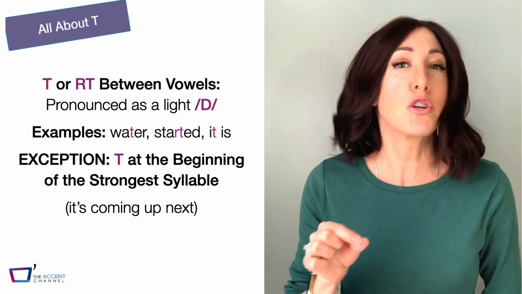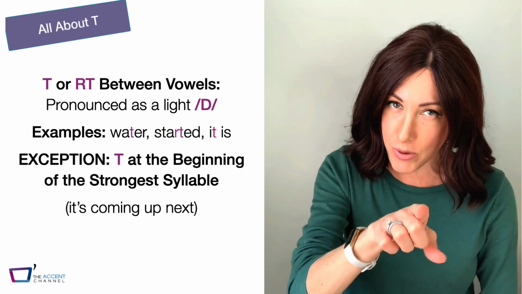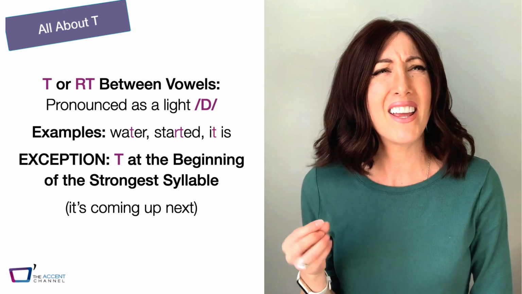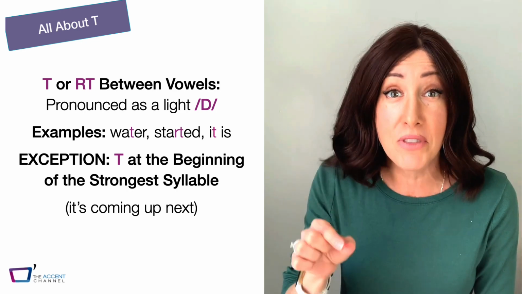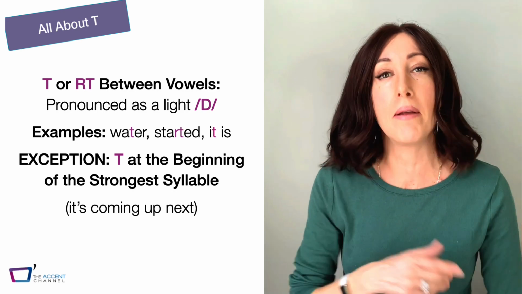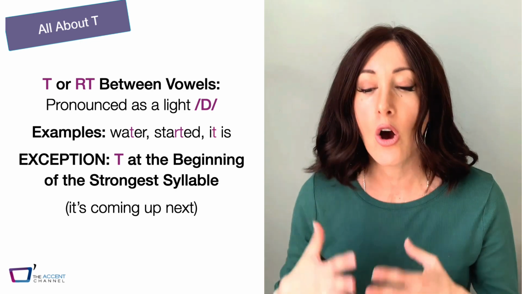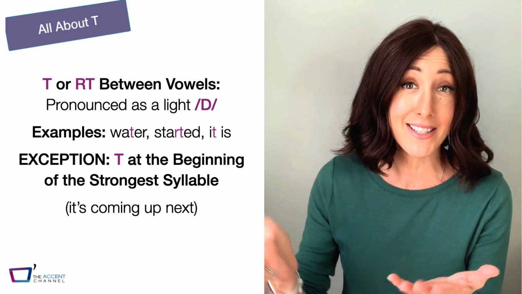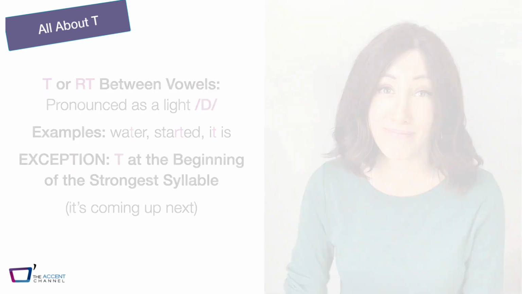If I pause, this rule doesn't apply. And you know it wouldn't apply because you would know that it would sound weird if I said, oh, it is. When we have a pause, something else happens, and we'll talk about that in a moment. But just know that this T between vowels turning into the light D only happens in a phrase like it is, but only when you're connecting the phrase.